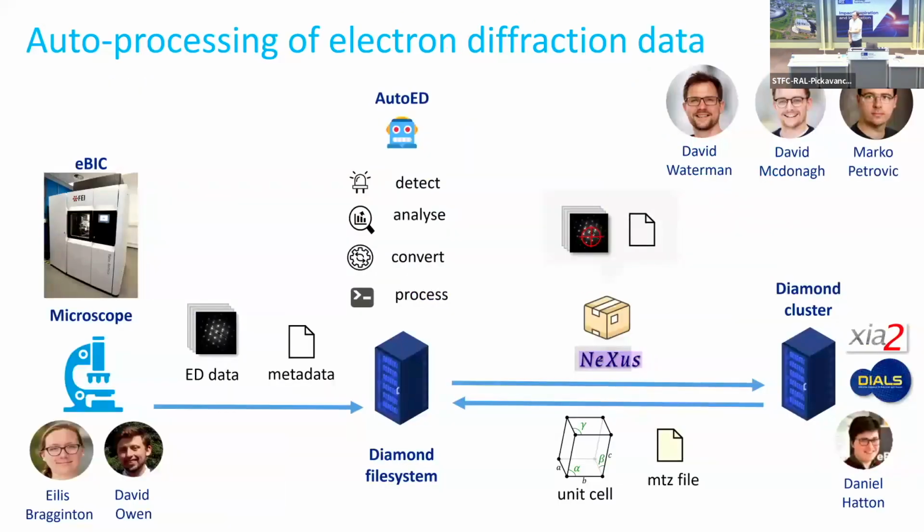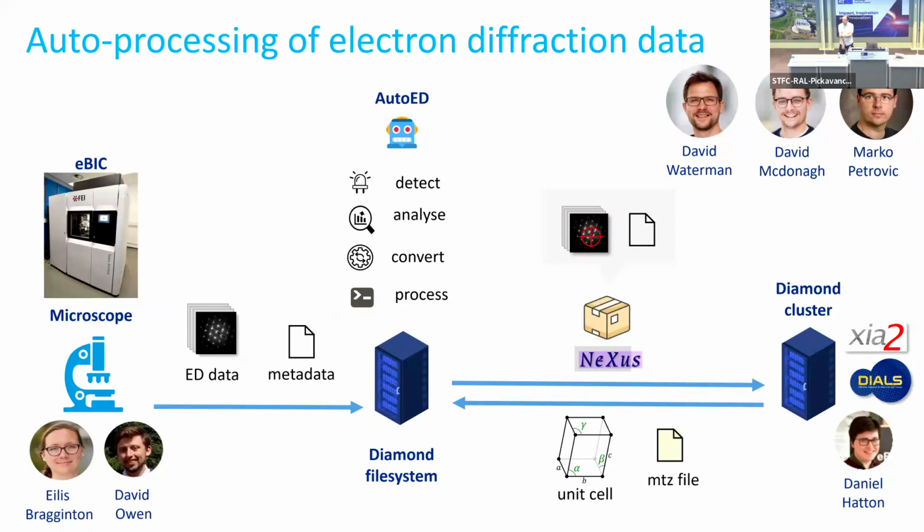For electron diffraction, Marco has been working with the eBIC guys on a workflow for electron diffraction. Issues here are that the micrographs or diffraction images are written out with metadata, but the metadata's split over several files. Some things like the beam center are usually missing.